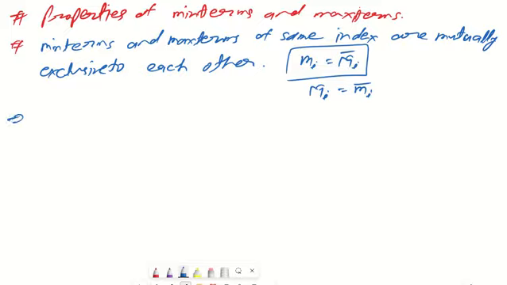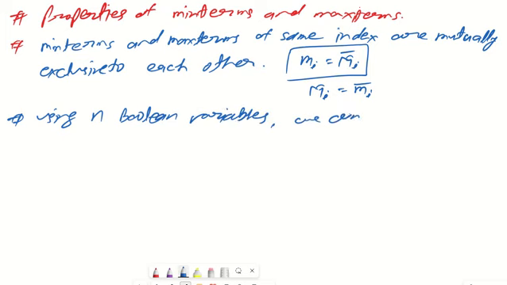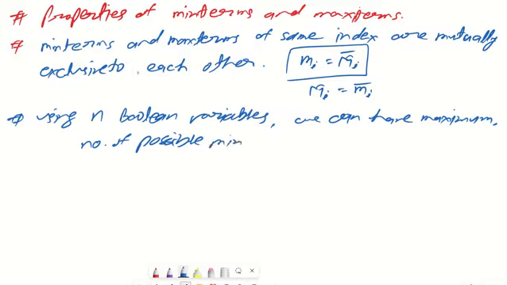Now using n Boolean variables, we can have a maximum number of possible min terms equal to 2 to the power n.